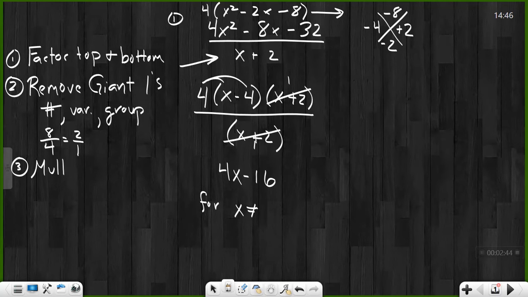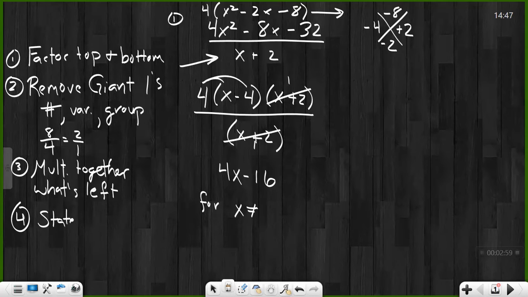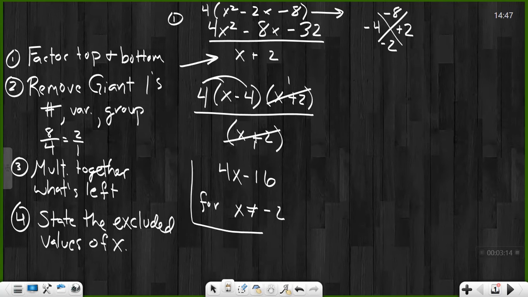So multiply together what's left, and then state the excluded values of x. All right, so in this case here, x cannot be negative 2 because if x is negative 2, then our original expression right here, the denominator would become 0, and that's not allowed.